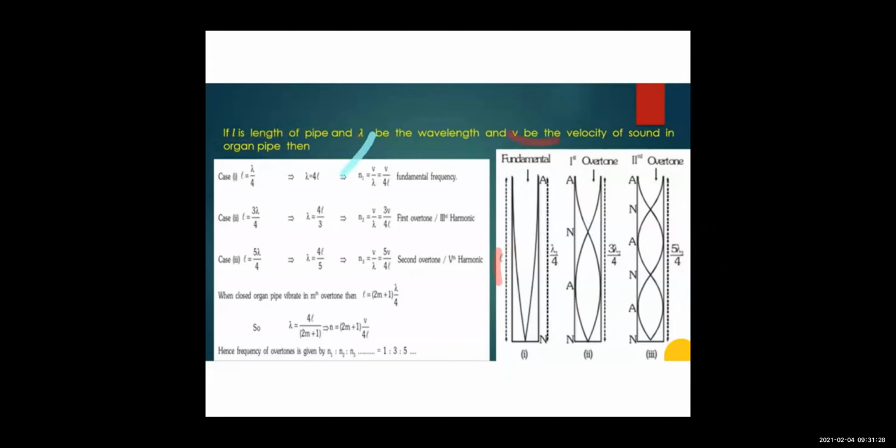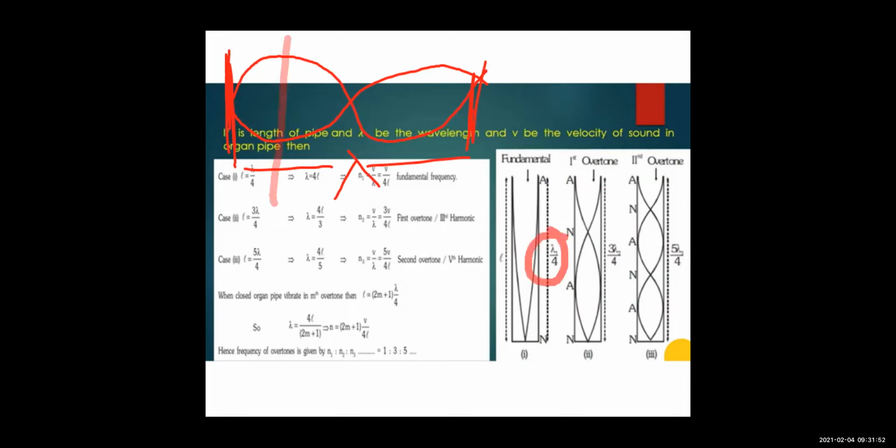Now for case number 1, children, one complete wave is this. This is half wave, this is one complete wave, and this distance is lambda. Here it is not half, it is 1/4, so the wavelength is lambda by 4.